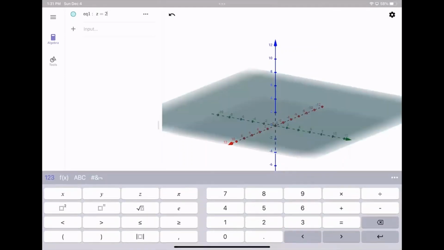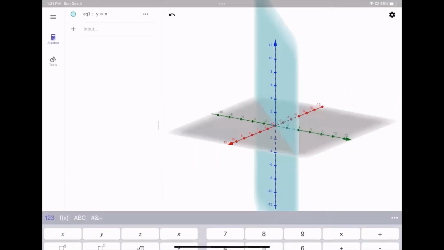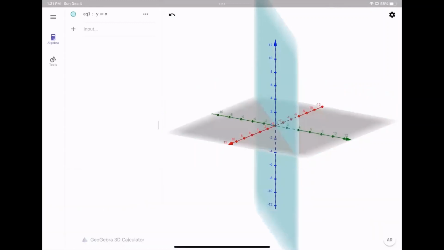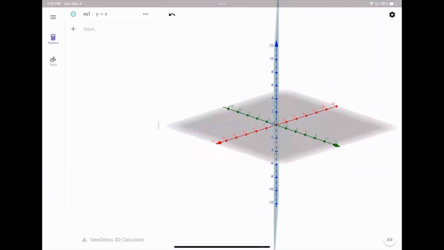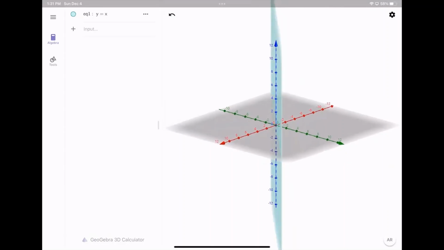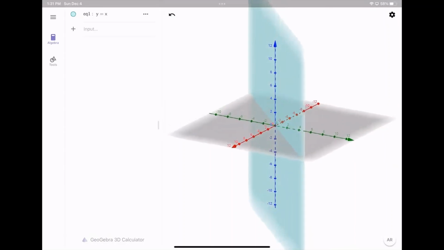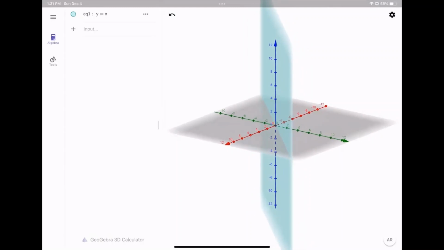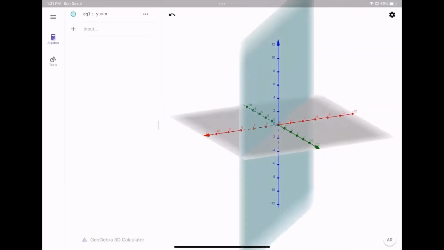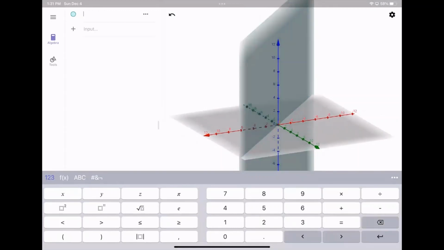The next example we did was y equals x. That was a line in the xy plane, and when you put this in a 3D image, it becomes this plane that's parallel to the z-axis. There is the z-axis, and here's the plane that's parallel to the z-axis. That's y equals x. The next example we did was z equals y squared.